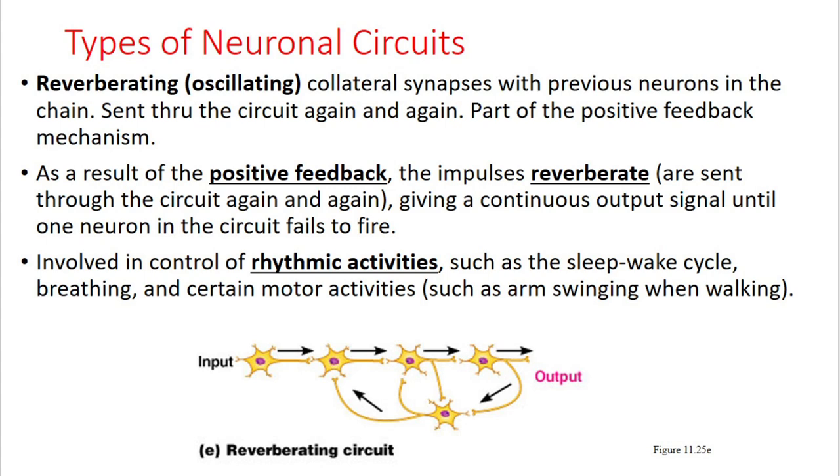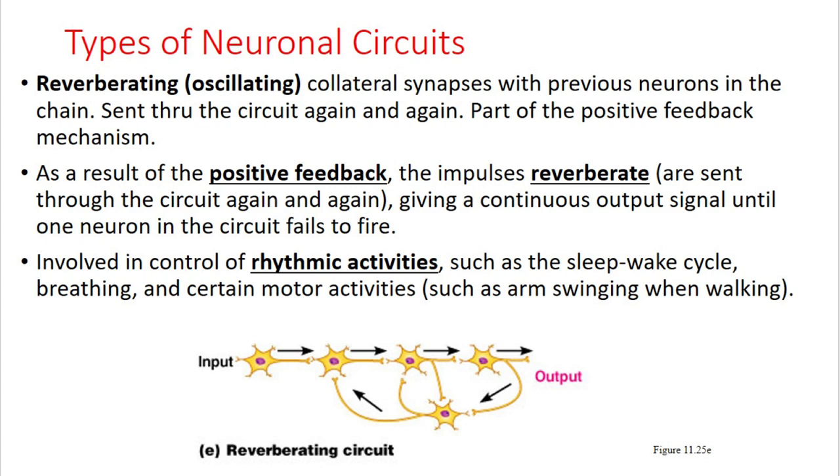But we can't forget the reverberating or oscillating collateral synapses that combine essentially positive feedback mechanisms in a neuronal circuit. With this, we're going to have previous neurons in a chain communicate back to prior neurons in that chain. This is essentially how a positive feedback mechanism works.